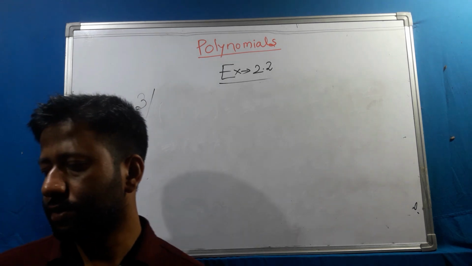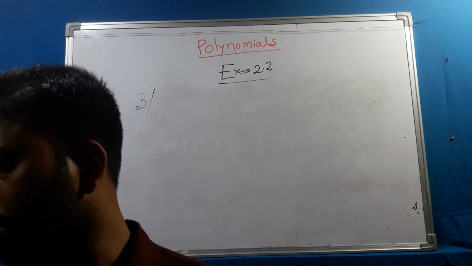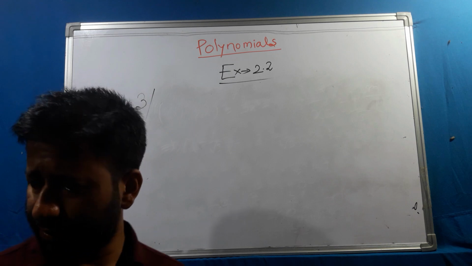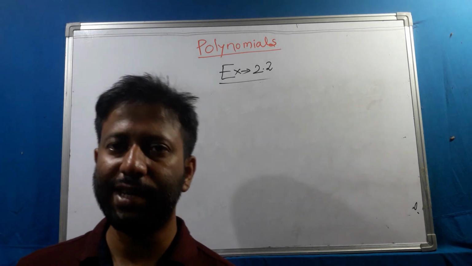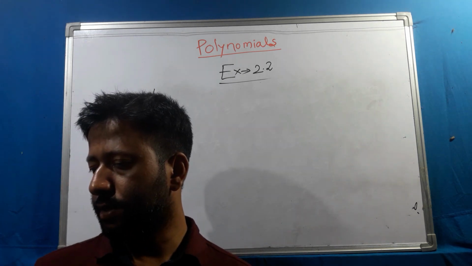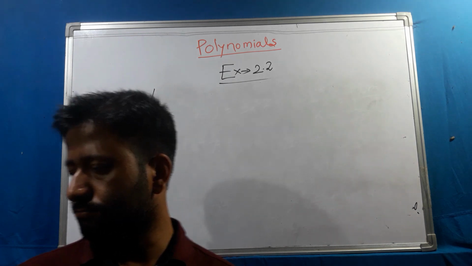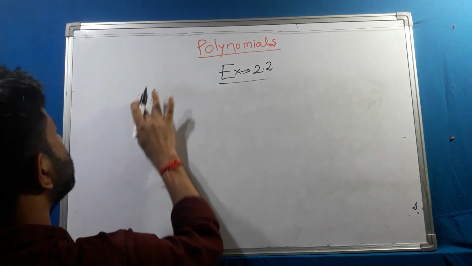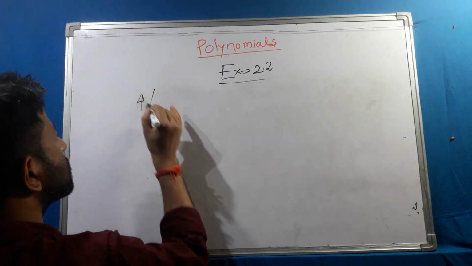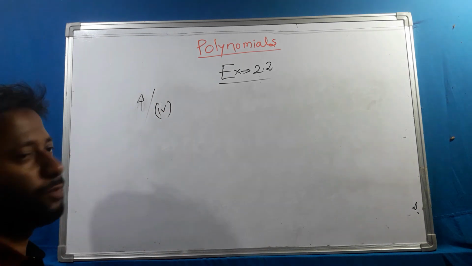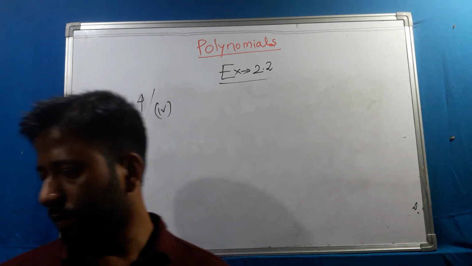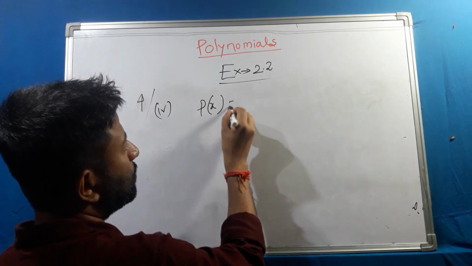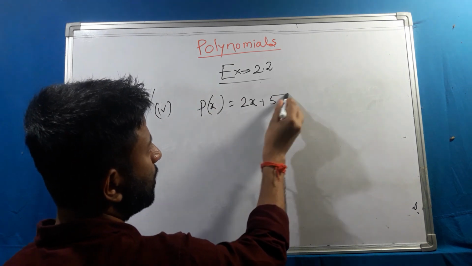Okay, they have given some polynomials, and you have to find the zero of each polynomial. They have given all of these as linear polynomials. I'm checking once, suppose question number 4. The question is given p(x) = 2x + 5.